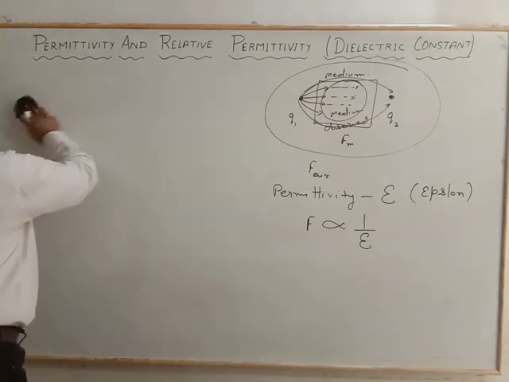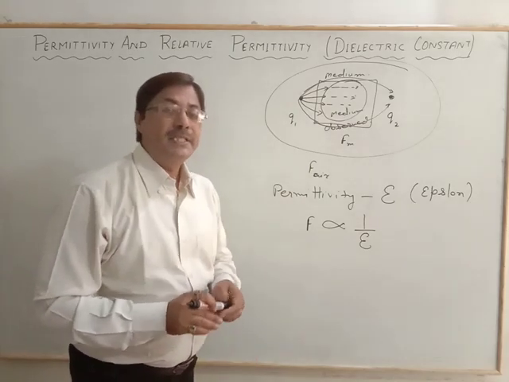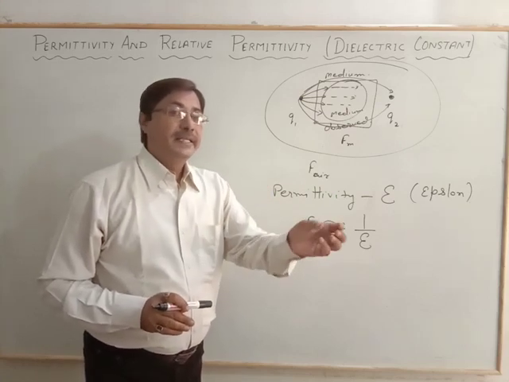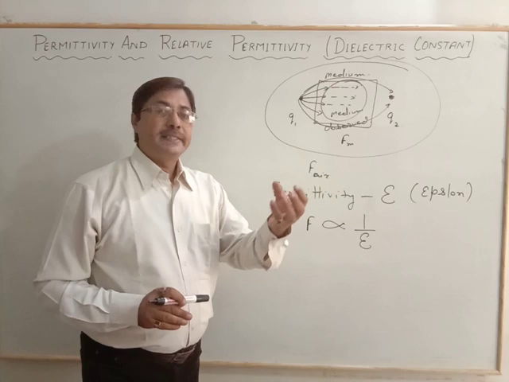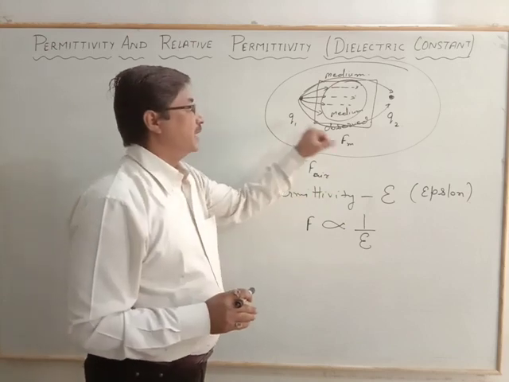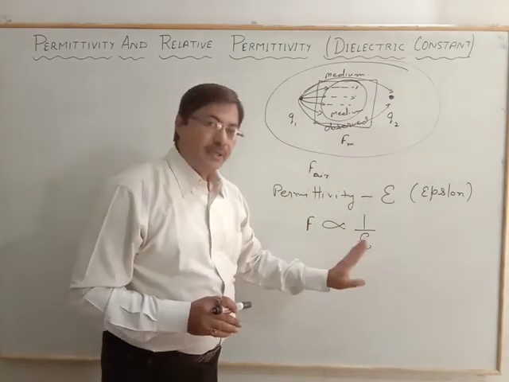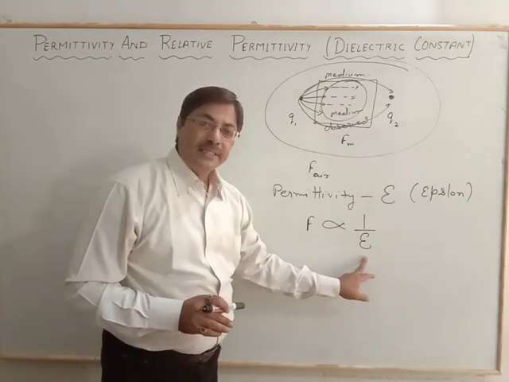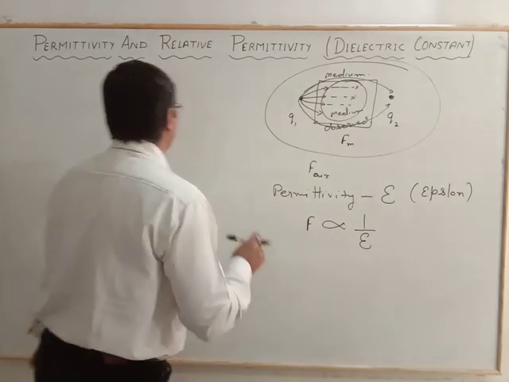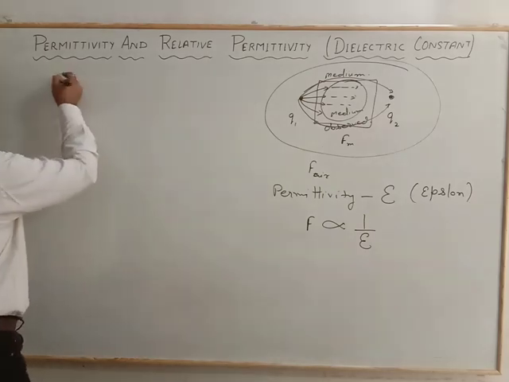Permittivity is related with the nature of the medium, one of the characteristics of the medium, that it absorbs some of the electrical nature of the force developed by the charges. So if the permittivity increases, the force will decrease.